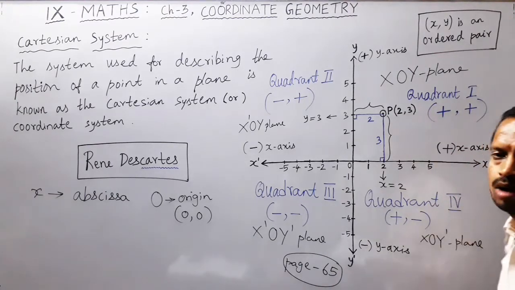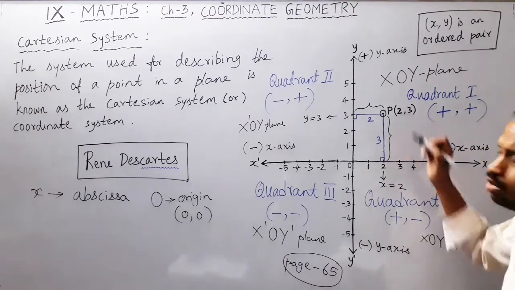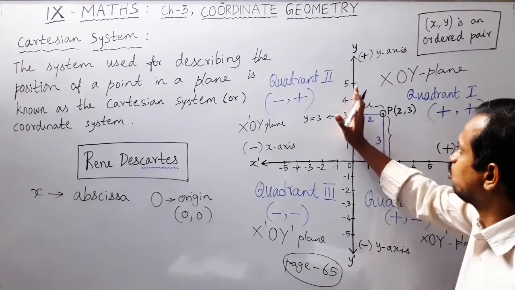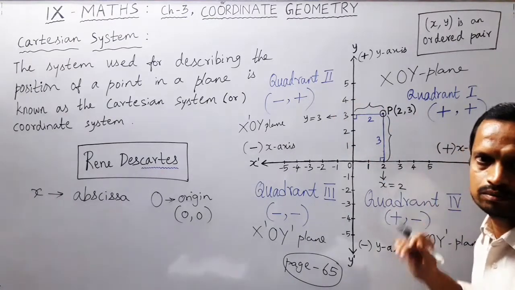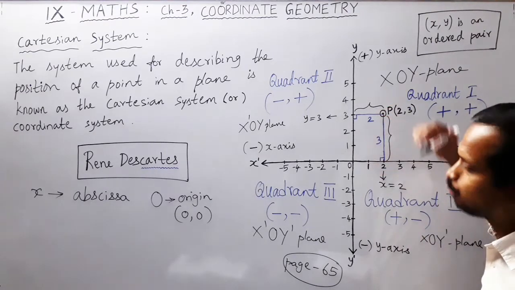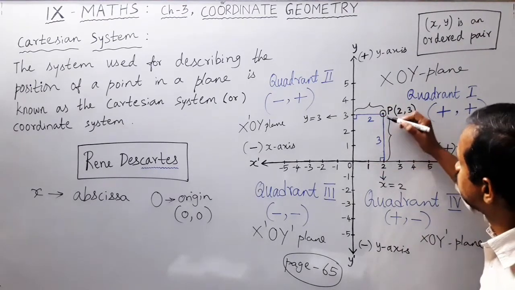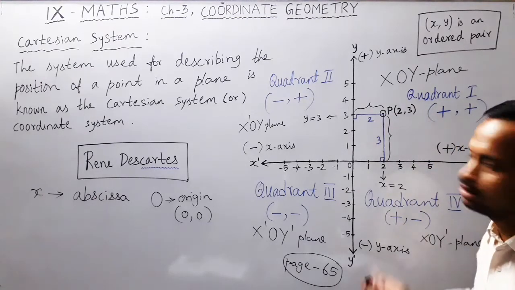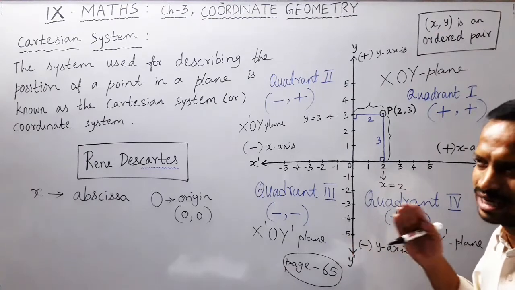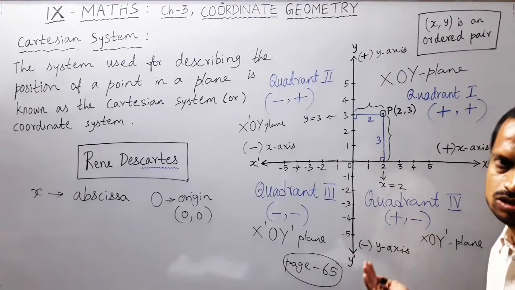You see here (2, 3). So 2 represents x: the distance from the y-axis to the point is 2, and from the x-axis to the point the distance is 3, which is called the y-coordinate. So x-coordinate is 2 and y-coordinate is 3.